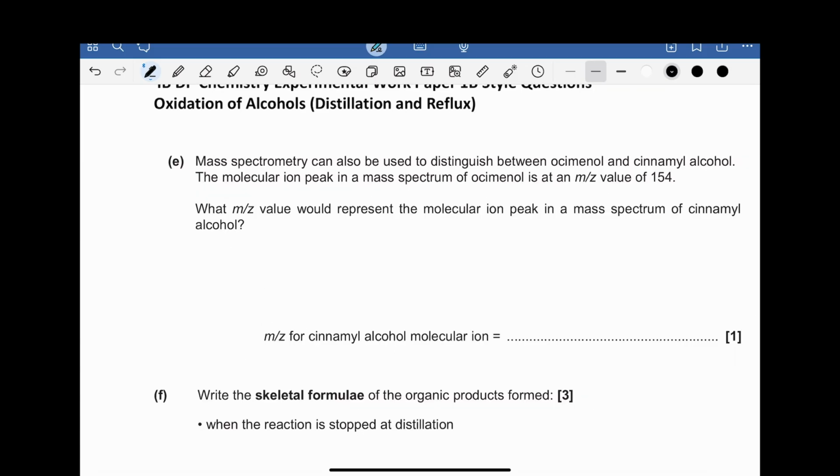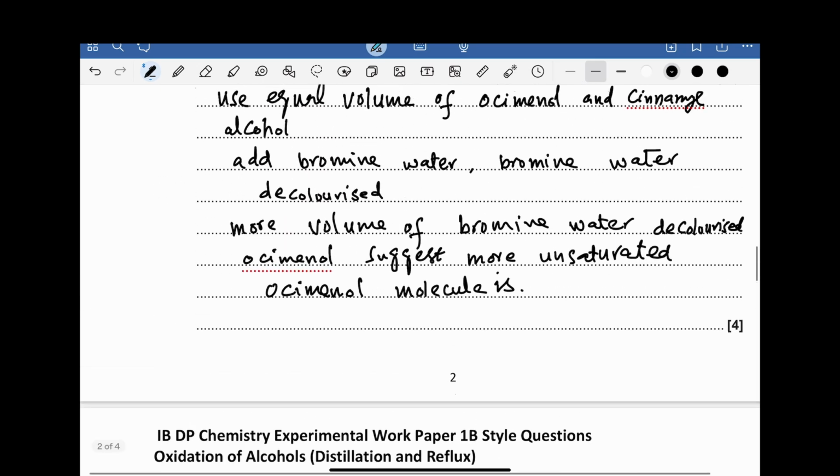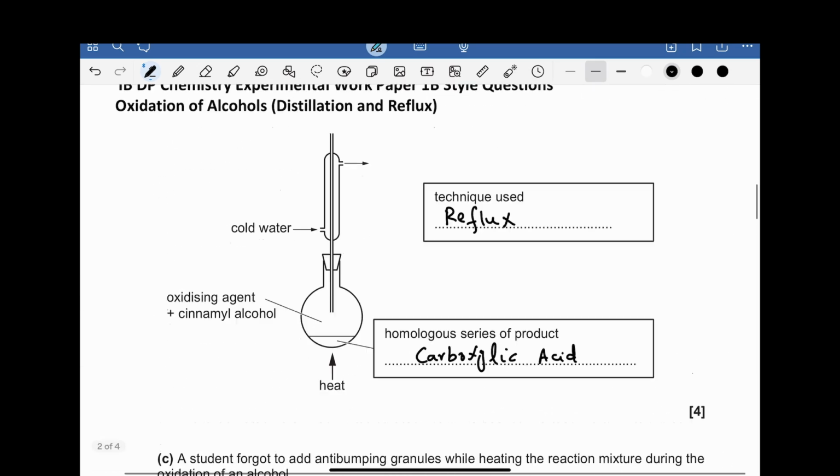Mass spectrometry can also be used to distinguish between cinnamol and cinnamyl alcohol. The molecular ion peak in the mass spectrum of cinnamol is at m/z value 154. What m/z value would represent the molecular ion peak in the mass spectrum of cinnamyl alcohol? So let's go back and have a look at the structure to convert that into a molecular formula.